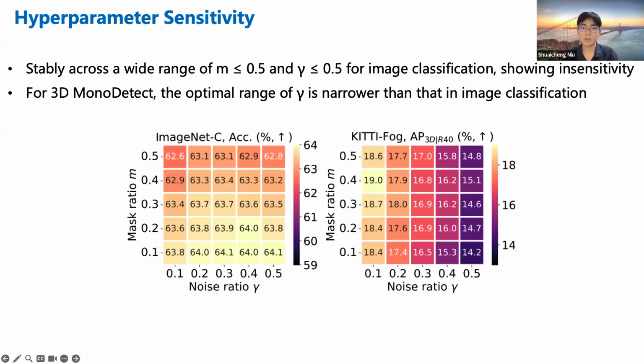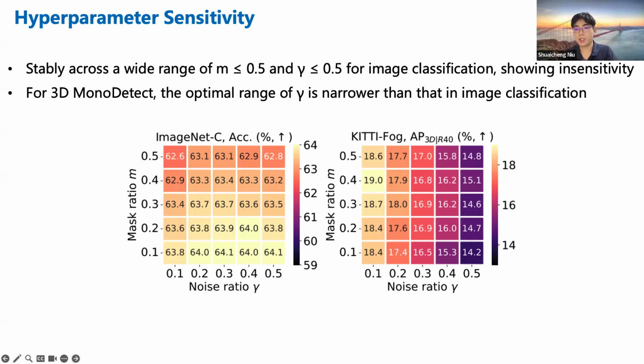But for 3D monocular object detection, although the mask ratio m performs well within a broad range from 0.1 to 0.5, the optimal range of noise ratio gamma is narrower than that in image classification, and the stable range of gamma under this task is smaller than 0.2.